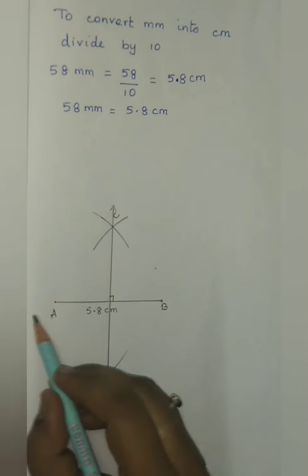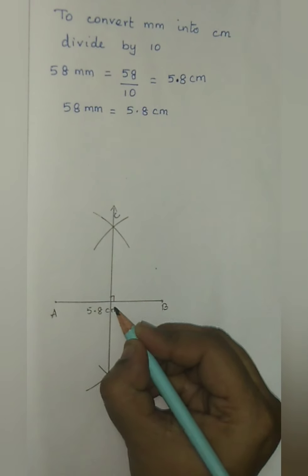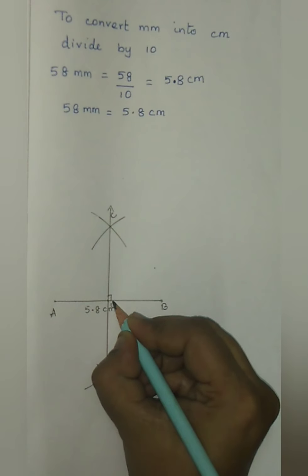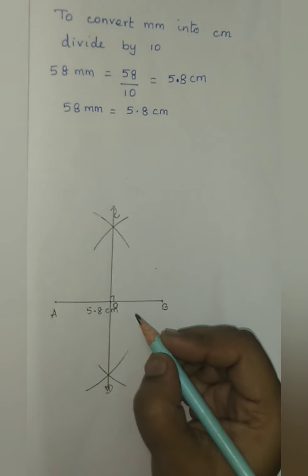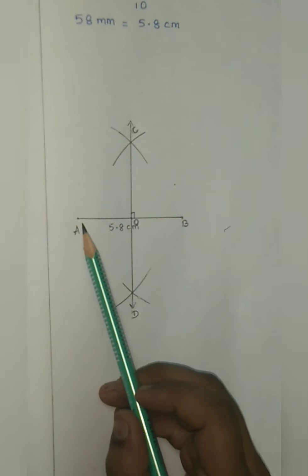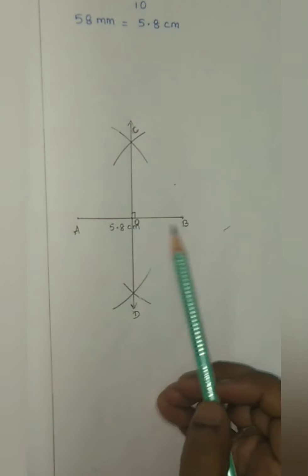So these two lines intersect at a point O. Now CD is the required perpendicular bisector of AB.